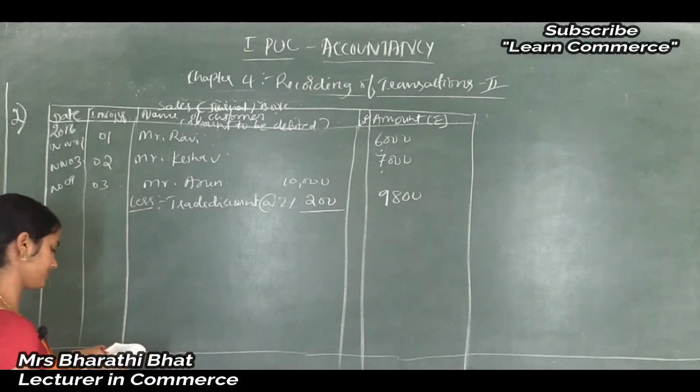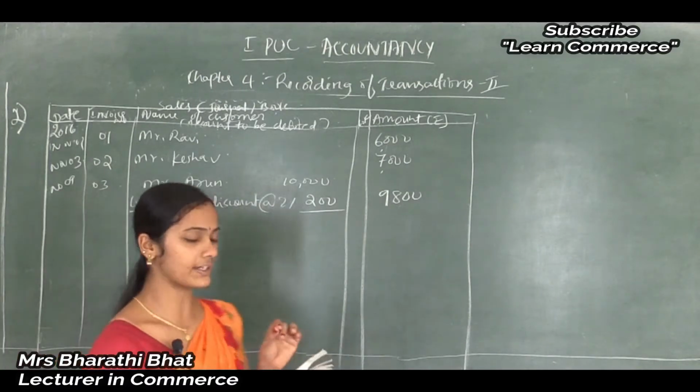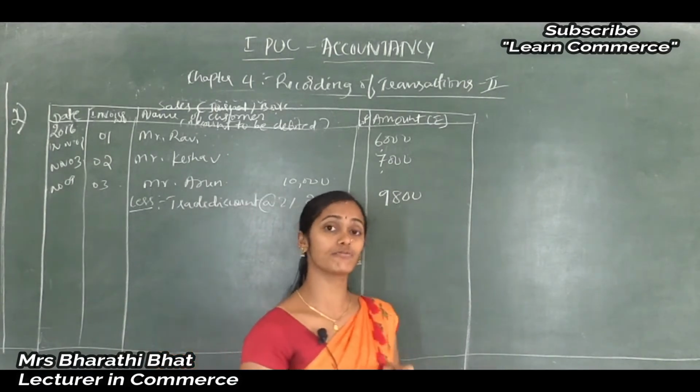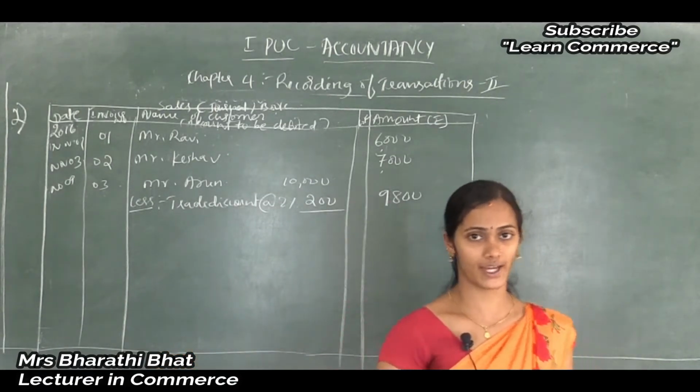And so see the next one, November 12, sold goods to Amul for rupees 8,000 for cash. For that we have to give a note.